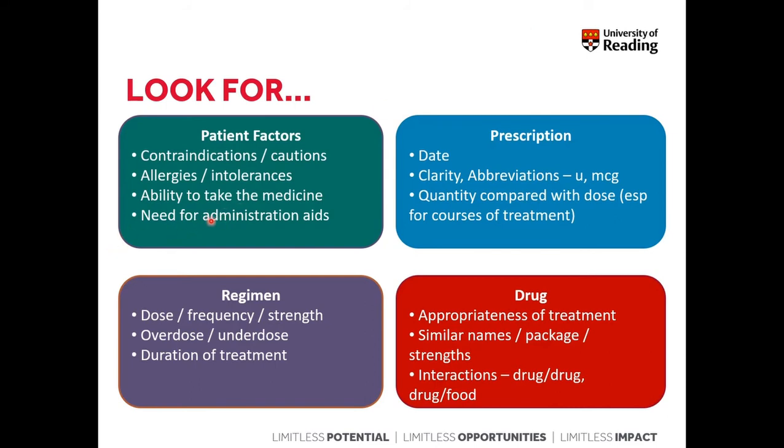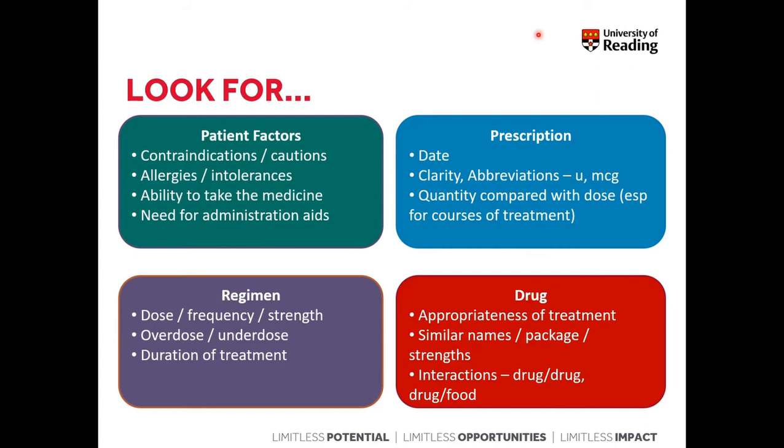And the last one on here says administration aids. So by that I mean helping the patient take their medication. So elderly or arthritis, if they don't have good dexterity in their hands, they might struggle to squeeze an eye drop bottle. So there is an aid out there to help them squeeze that bottle.